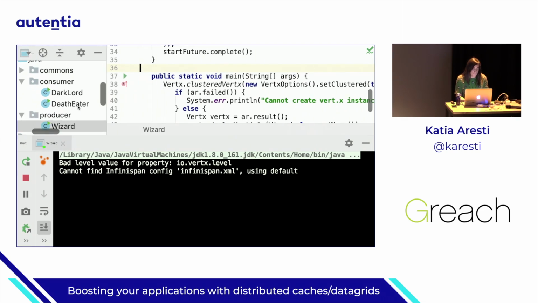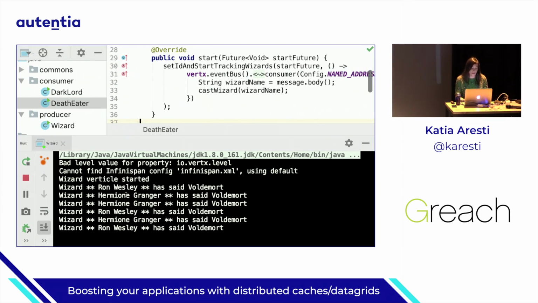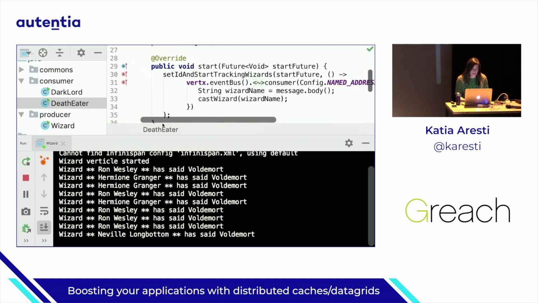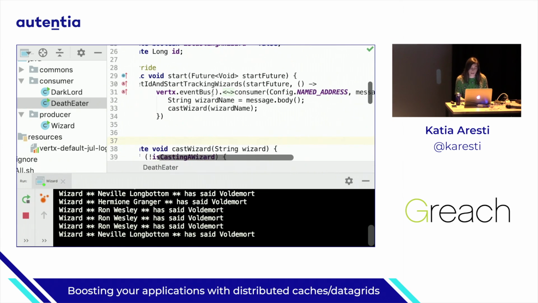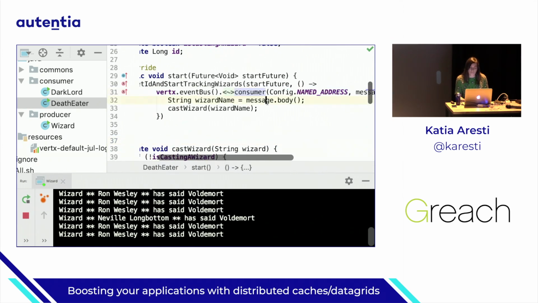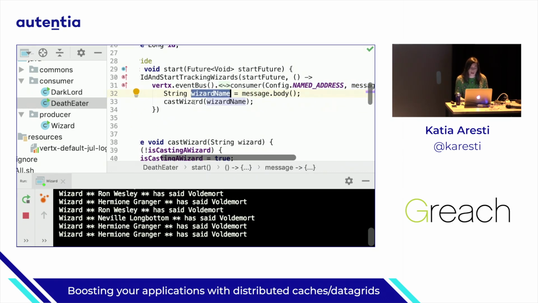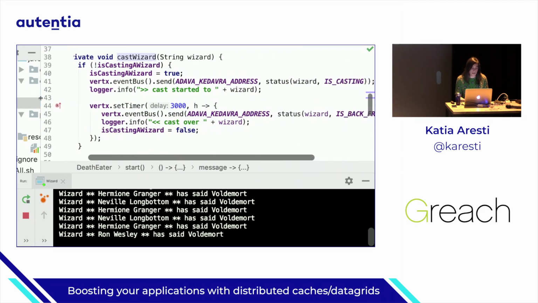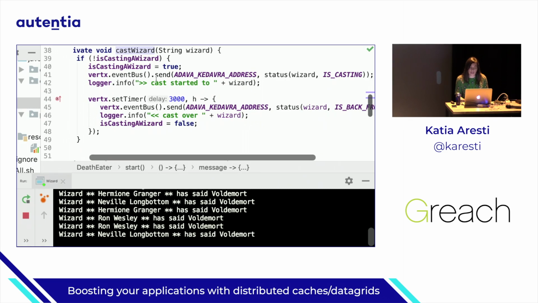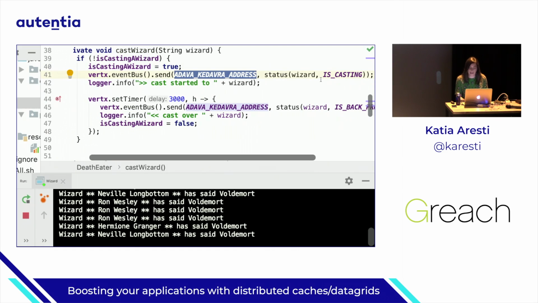Here we see Ron Weasley has said Voldemort, Hermione has said Voldemort twice, and so on. The editor is going to consume messages from the event bus, in the named address, pick up the name of the wizard, and cast this wizard. The code basically does: if I'm not casting a wizard already, I'm casting a wizard, I send a message, I'm casting.